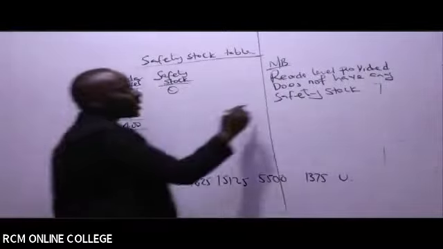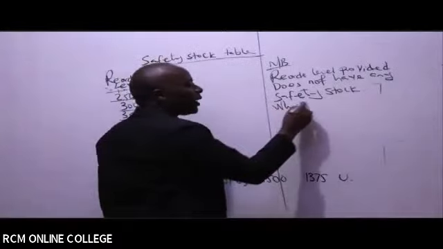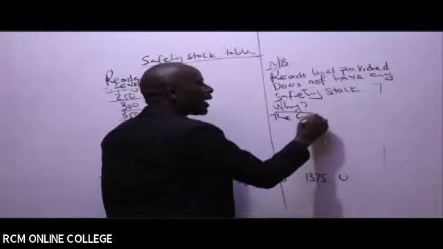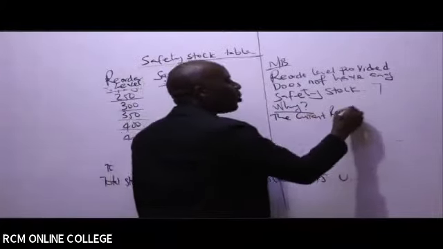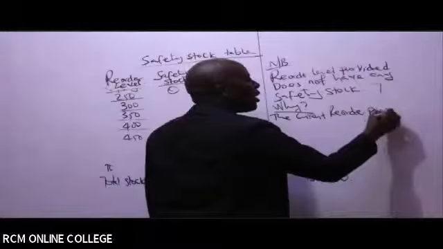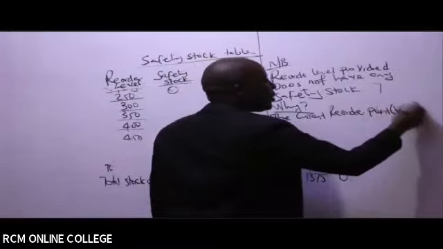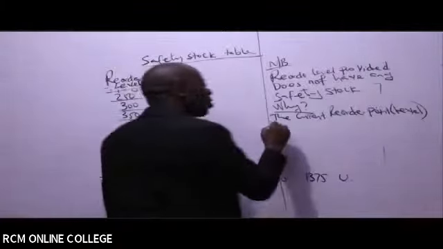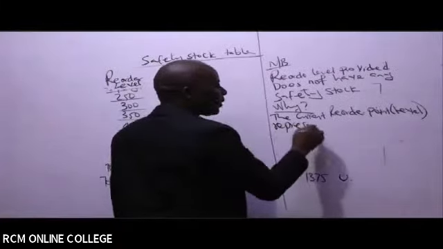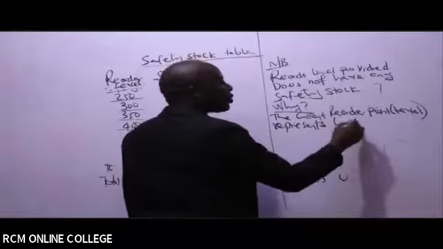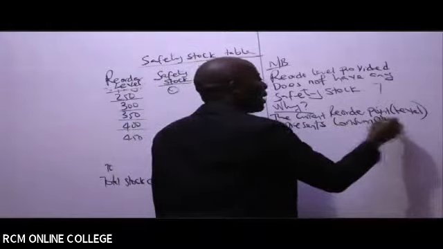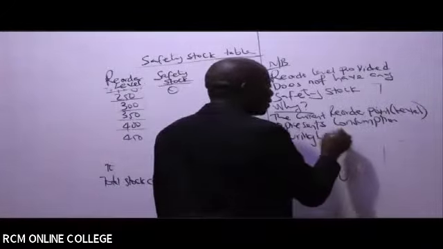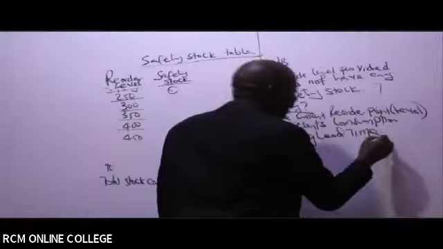So in this case, we could ask ourselves this question, why? It is because the current reorder point or reorder level represents consumption during lead time.